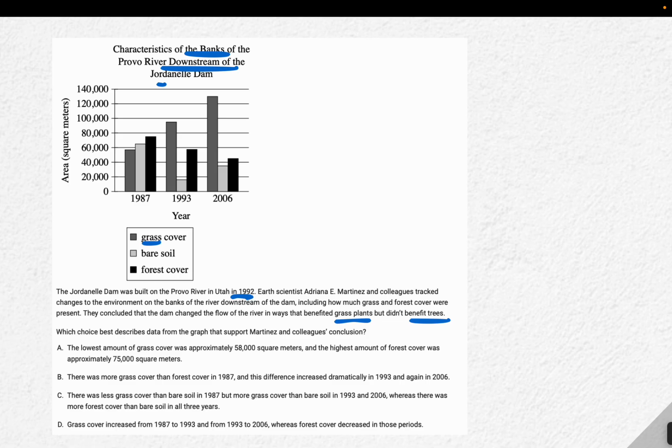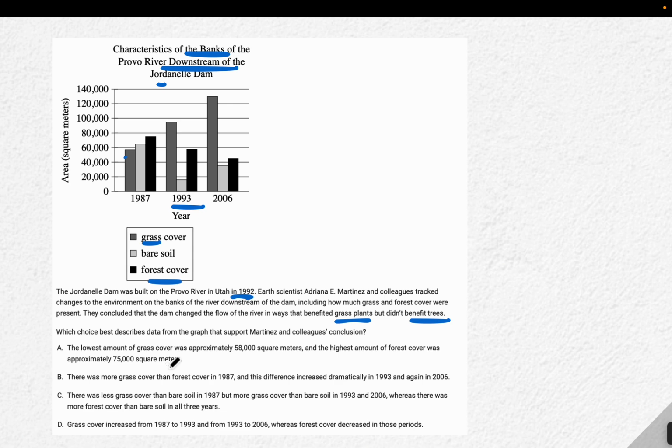It also says that the grass cover increased from 1987 to 1993, and again from 1993 to 2006. We can see that this increased while the forest cover did not. The forest cover decreased over the years, as well as the bare soil. The bare soil decreased in 1993 and then increased in 2006.